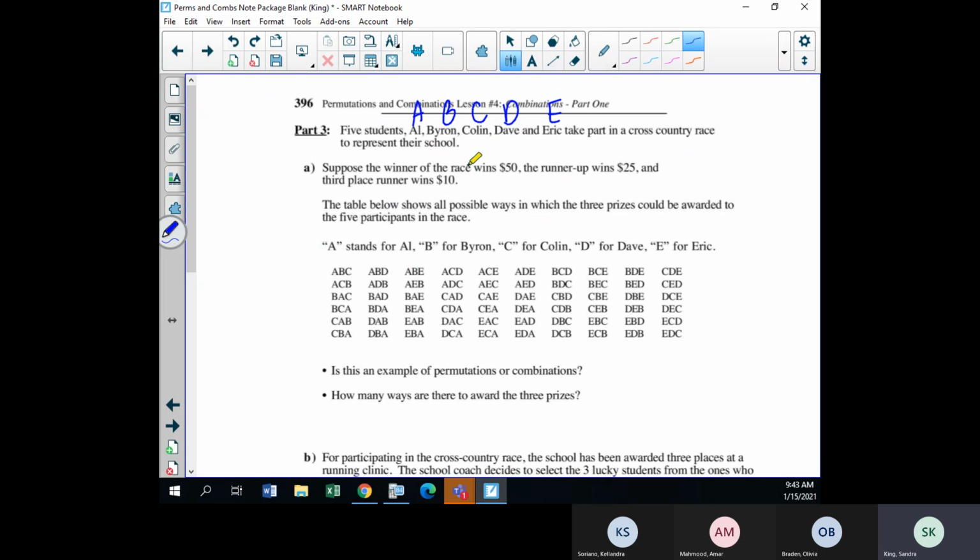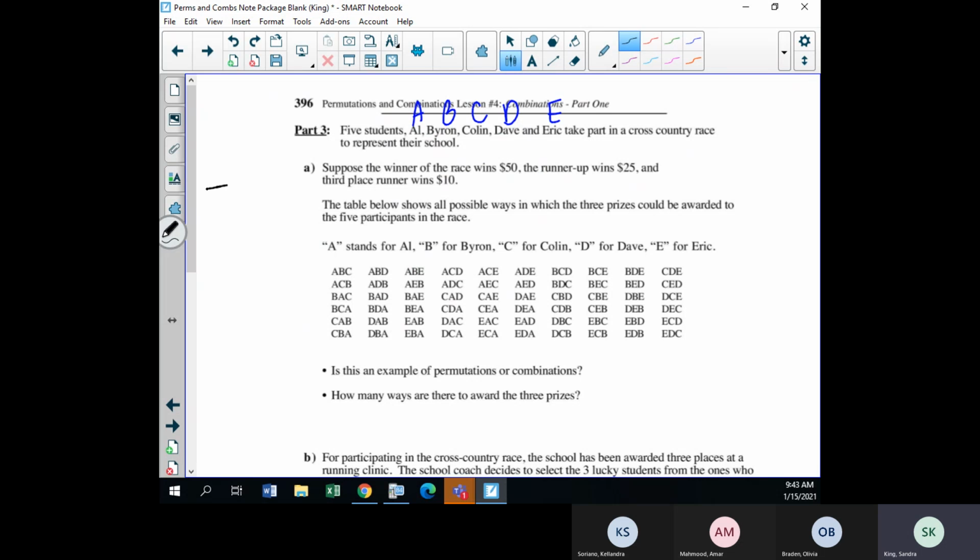Suppose, okay, when you have a race, you got a first place, a second place, and a third place. So the winner's going to get $50, the runner-up, which is second place, gets $25, third place gets $10. How many different ways can these 5 kids get first, second, and third? So you would say, okay, you're running a race.